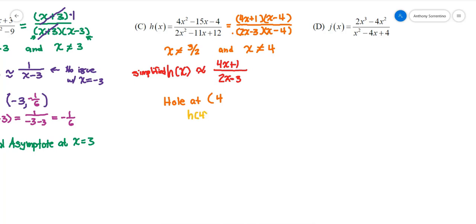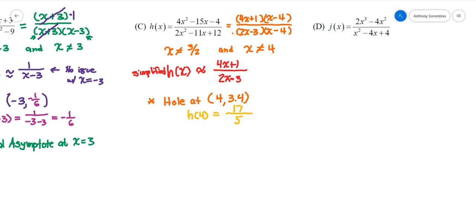And I could do that in the simplified version because if I try to put it in the original version, obviously I'm going to get 0 over 0, which is not anything. The simplified version becomes 17 over 5, and 17 over 5 is equal to 3.4. So I'm going to have a hole at (4, 3.4).